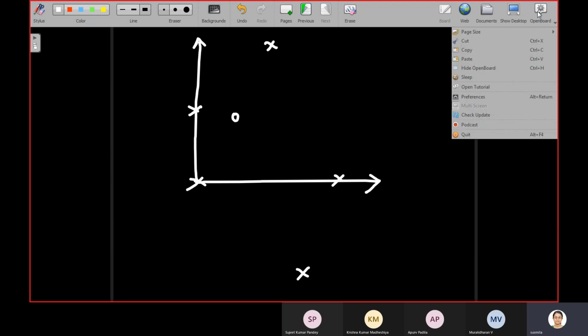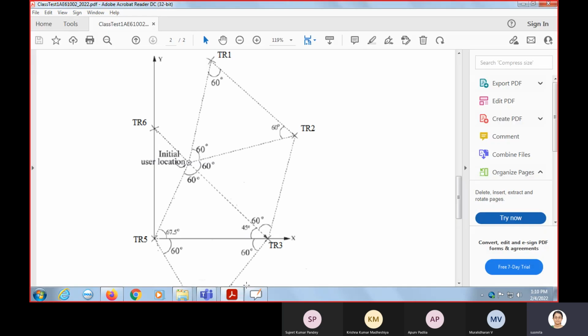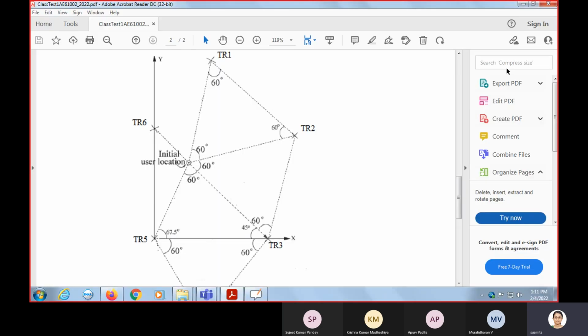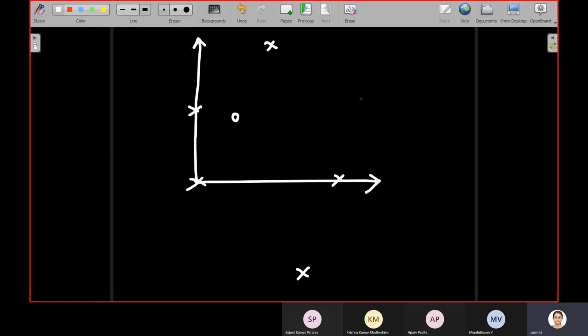Okay, so something like this will have. Now, how will you draw the circles?